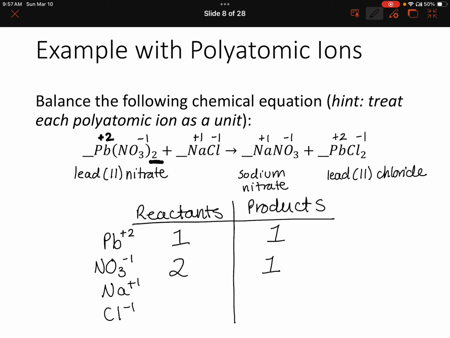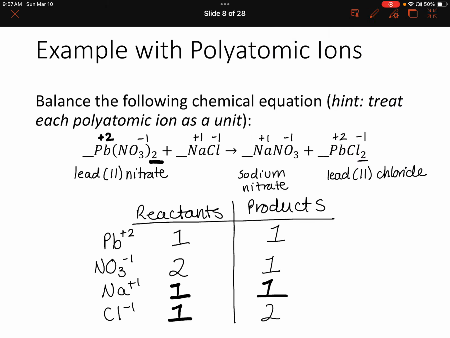And then how many sodium ions do we have on the reactant side? Just 1. And it looks like we also just have 1 on the product side. And then the chloride ion, it looks like we just have 1 on the reactant side, and we actually have 2 on the product side.